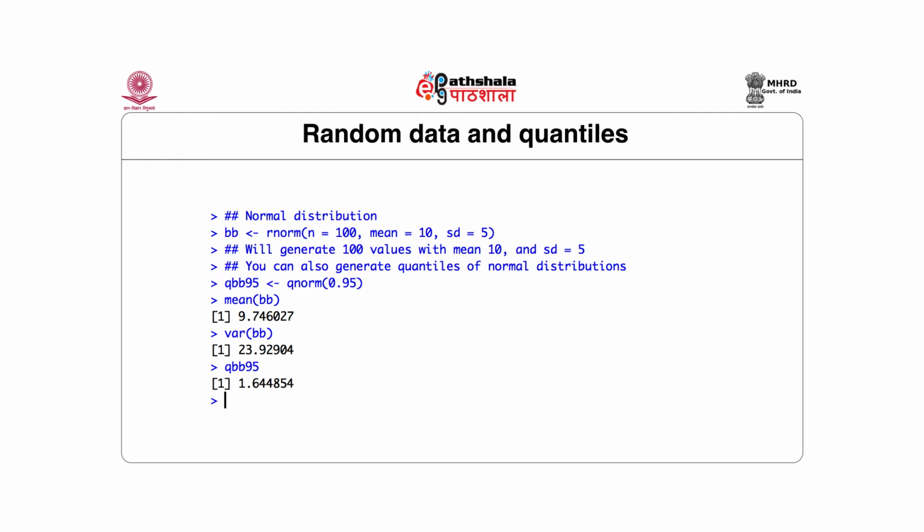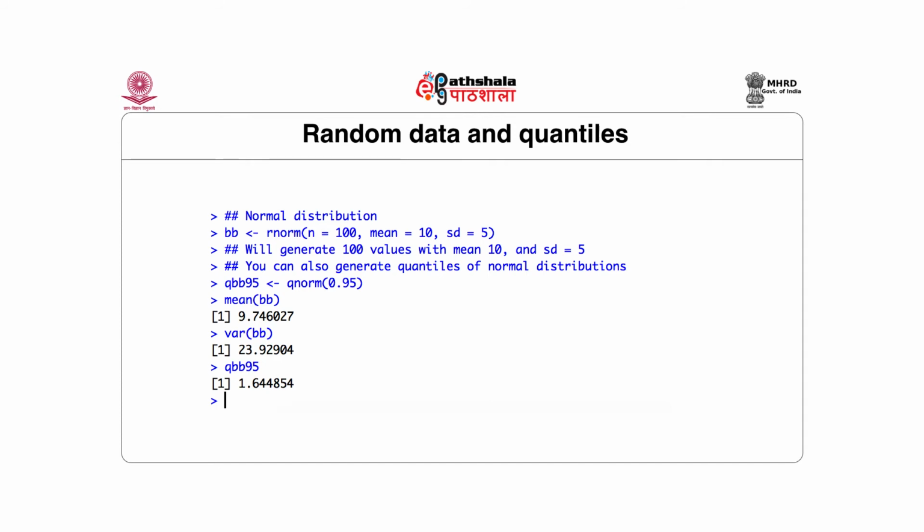So here, what we have done is generate a random sequence of numbers which follow a normal distribution. We are going to again generate about 100 data points that will follow a normal distribution pattern with a mean of 10 and a standard deviation of 5. The best way to do this is to use the rnorm function. So norm, of course, is the normal distribution.